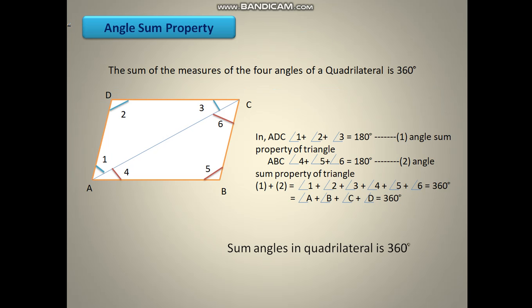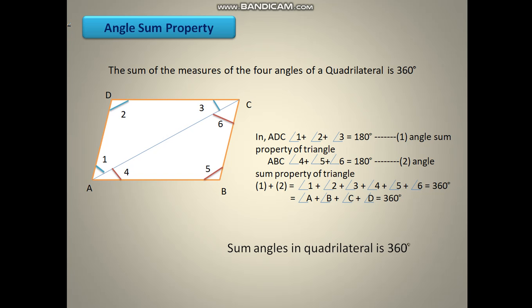Now add angle 1 plus angle 4, which is angle A. Angle 3 plus angle 6 equals angle C. Angle 2 is angle D and angle 5 is angle B. So angle A plus angle B plus angle C plus angle D equals 360 degrees.